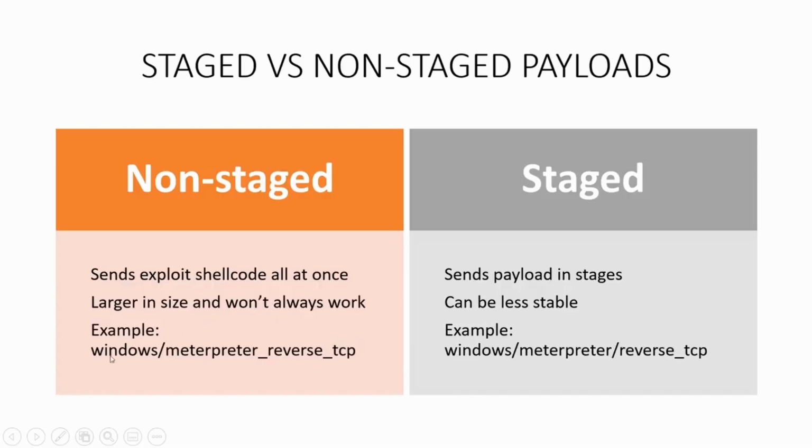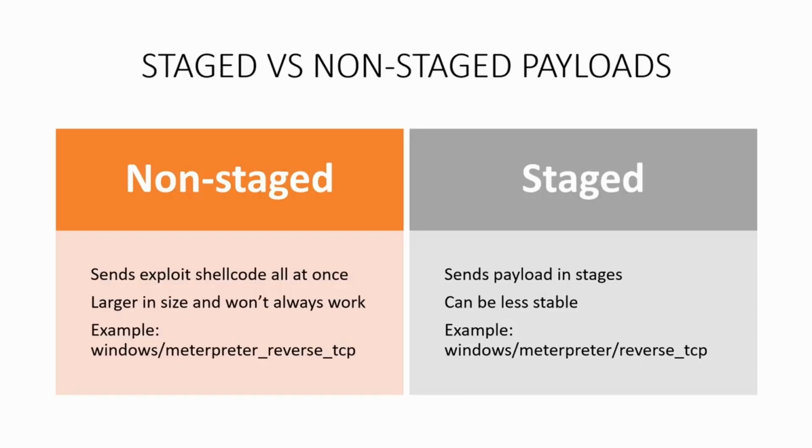We can ignore the windows here. But here where we see Meterpreter /reverse _TCP, this means we have a staged payload. What's happening? It's saying, hey, stage 1, stage 2. What's happening here? It's saying, hey, let's send this all at once.